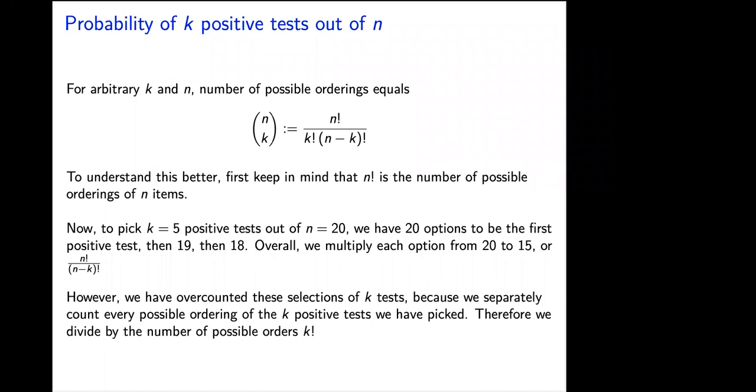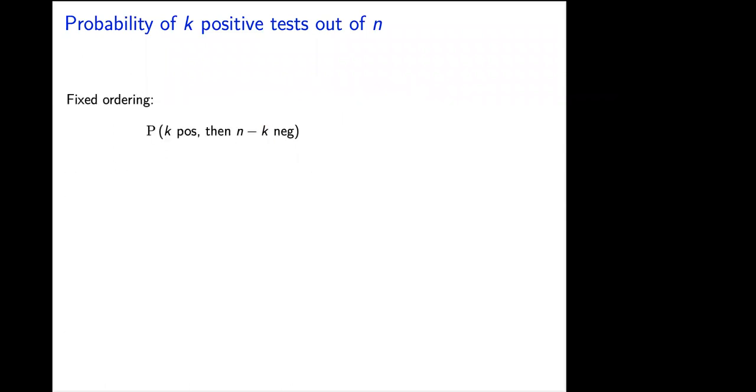So in order to remove that overcounting, we then divide by the number of possible orderings of what we've picked out, which is how we get this over here. So N factorial over N minus K factorial is the number of possible orderings of positive tests that we could pick out, and then K factorial is how we divide by the orderings of the actual picked tests, to make sure that we're just talking about an unordered selection, because we don't care about the order.